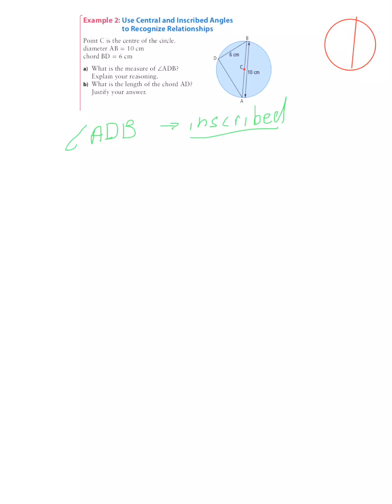Well, we first have to ask ourselves, how many degrees is this central angle? So this angle here is how many degrees? Well, the central angle, I'll just make a note here, ACB, the central angle, is 180. We know that because it passes through the center of the circle, so it's a straight line across.